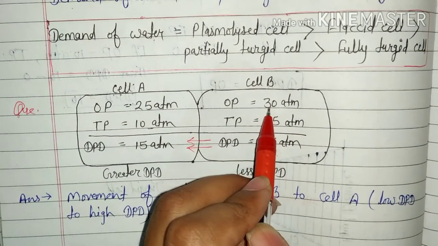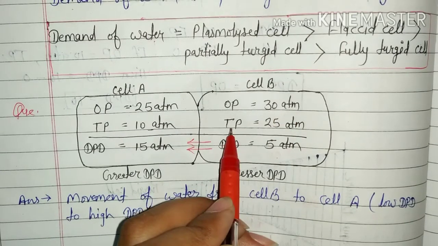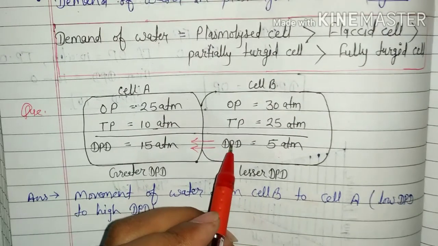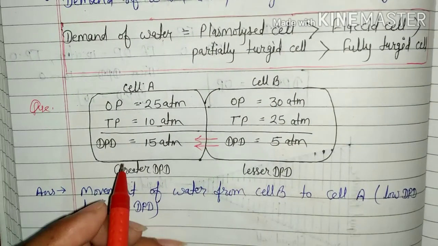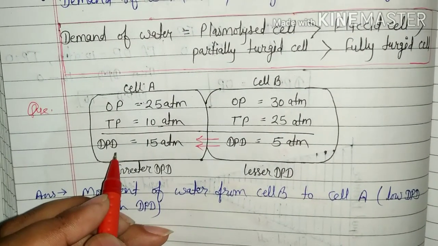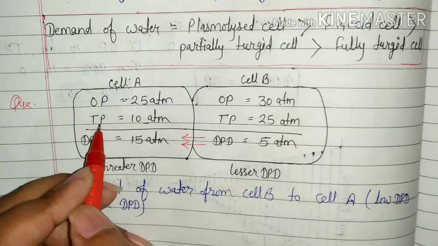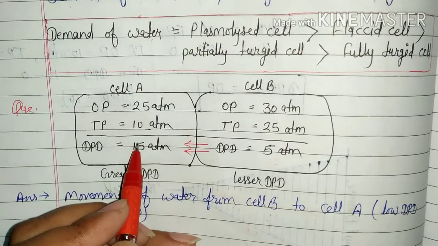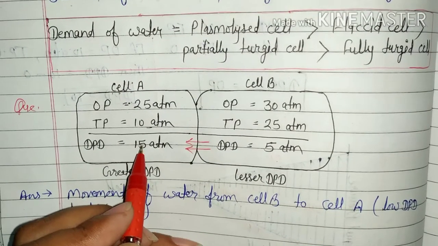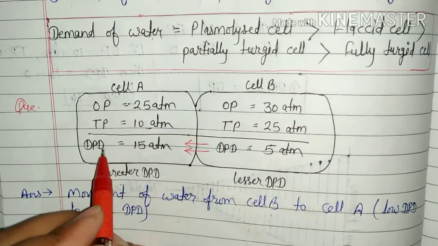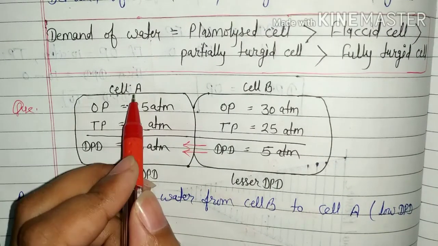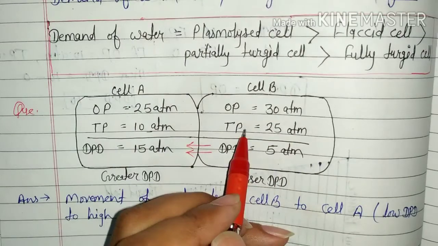Osmotic pressure of cell B is 30 atmosphere and turgor pressure is 25 atm. As you know, DPD is equal to OP minus TP, means 25 minus 10 atm, then DPD will be 15 atm for cell A.